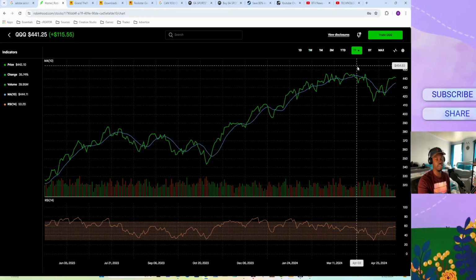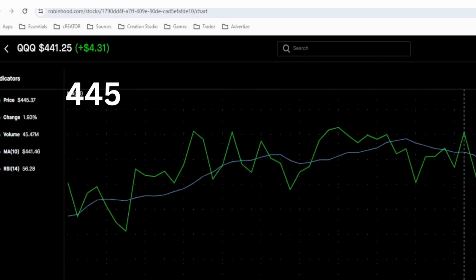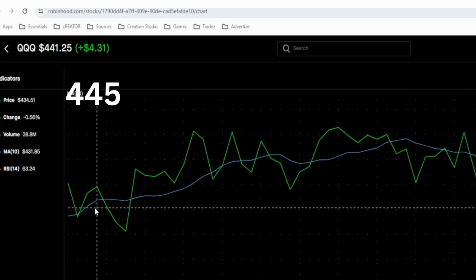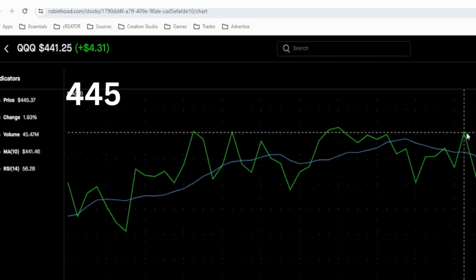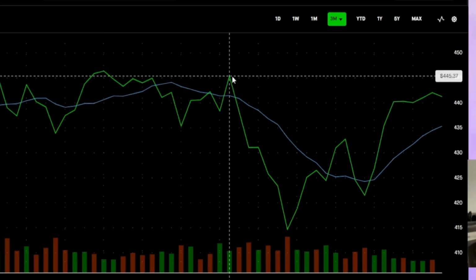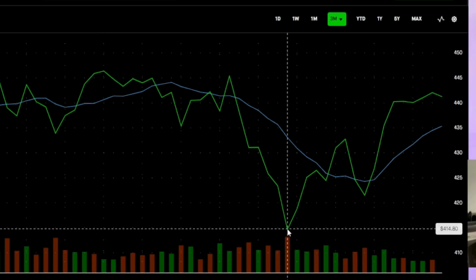Now to take a look at that, we could take a look at the same share 3 months ago. Now we could see that it has been dangling up and down as well, and then it rose all the way to 445, which was the highest for some time now, and then it all came down all the way to 414.